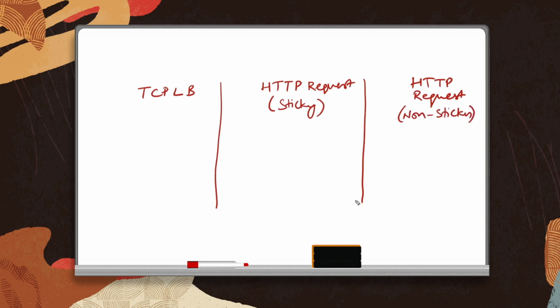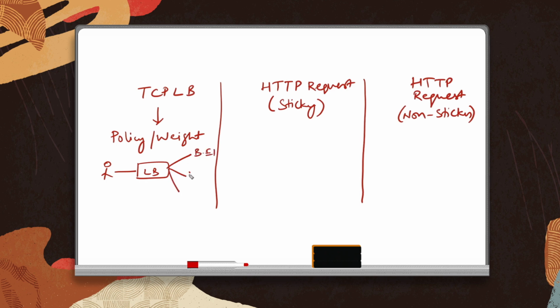So the load balancing policy is going to be applied differently to these three different scenarios. In case of TCP load balancer, whatever policy and whatever weight criteria that you have defined will be used to direct an initial incoming request.